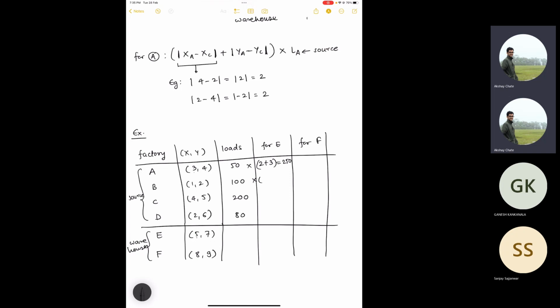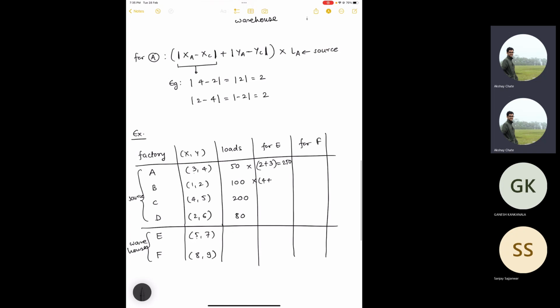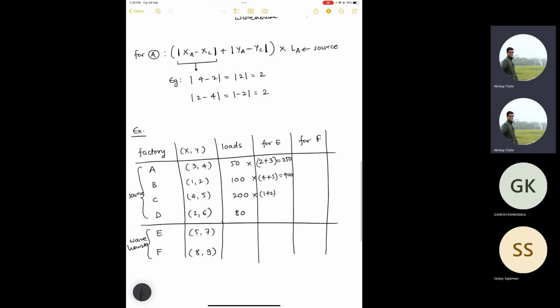Again, you do the same here. 1 minus 5, mod 4, 2 minus 7, 5, so 9, 9 into 100, 900. Here you take this between C and E. 4 minus 5, 1 plus 2, this gives you 600.